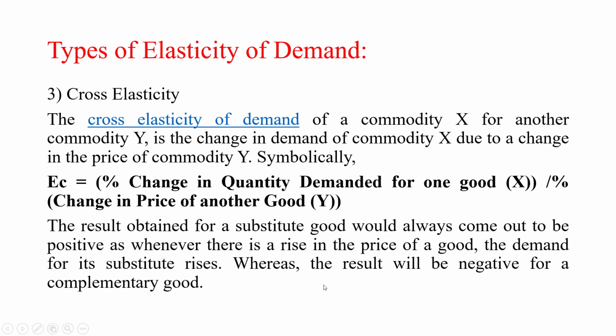And if the price of petrol is increased, the demand for cars might be less. So this is the example of complementary goods. In cross elasticity, we mainly see how the demand for one product changes depending on the price of a different product, that is Y.